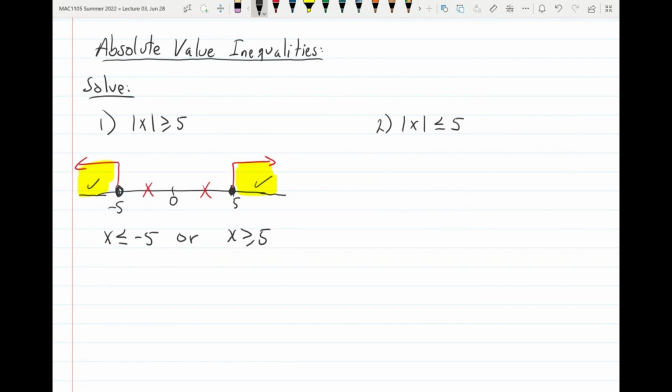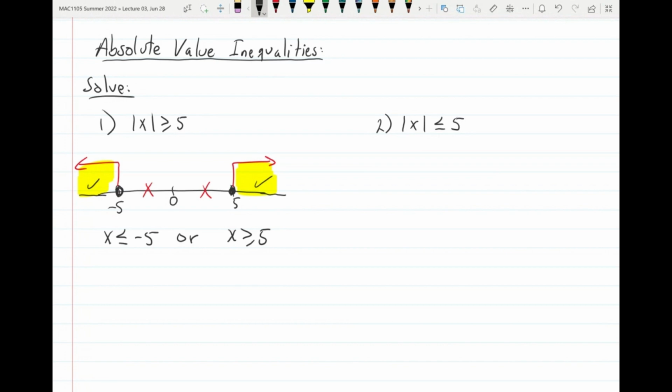But the thing is that when you have the absolute value of something greater than or equal to a number, this is how you break it up. You can get rid of the absolute value, and you get two inequalities. It's going to be an OR type. You are either to the left of the negative version of the number or to the right of the number. So less than or equal to -5 or greater than or equal to 5.